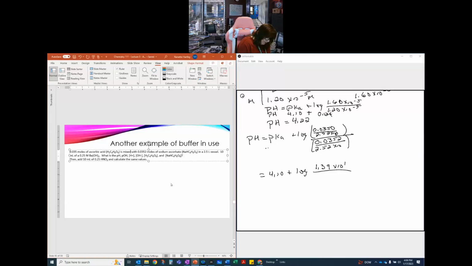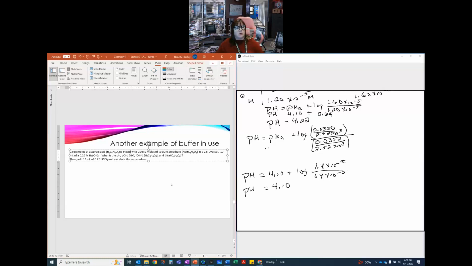So 0.0350 divided by 2.5 times 10 to the third gives 1.4 times 10 to the minus fifth, and 0.0352 divided by 2.52 times 10 to the third equals 1.4 times 10 to the minus fifth, which means that the pH is equal to the pKa, which is 4.10.